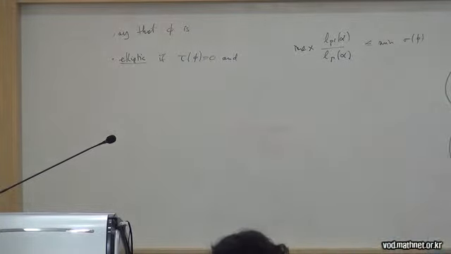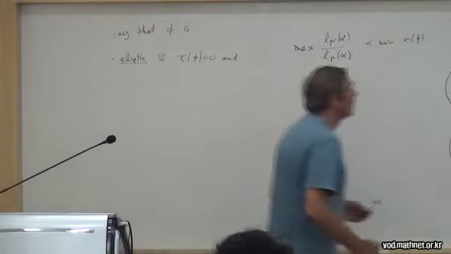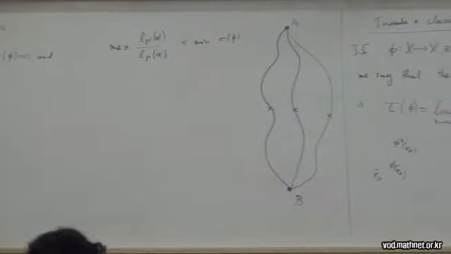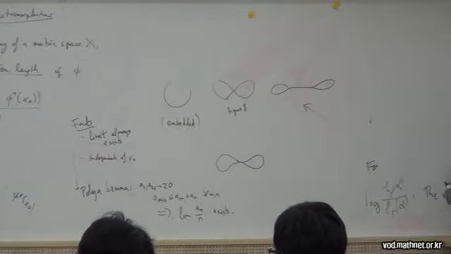Oh, actually, let's see. I don't think this is what I wanted to do, though. Translation length. Okay, I think I want displacement, though. Sorry about that. I don't really want to take limits here.